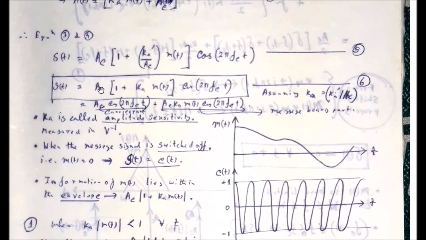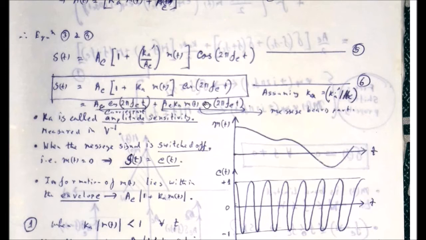If you multiply the term A_c cos 2 pi fc t inside this bracket, then the first term will become A_c cos 2 pi fc t, and the second term will become plus A_c Ka m(t) cos 2 pi fc t. The first term is nothing but the carrier signal, the uninterrupted carrier.